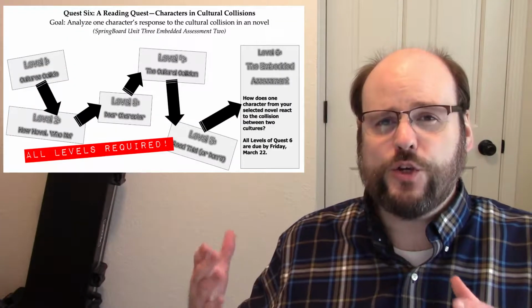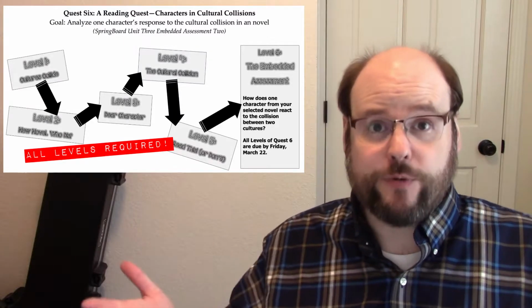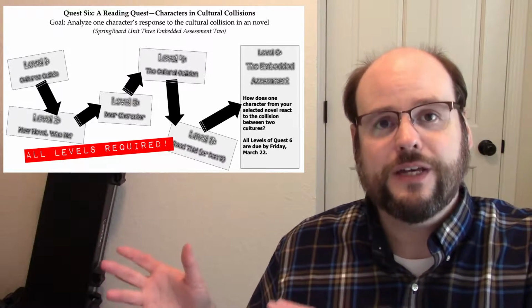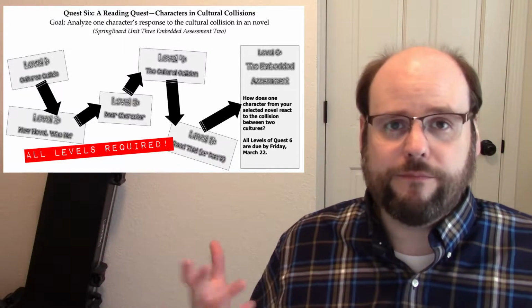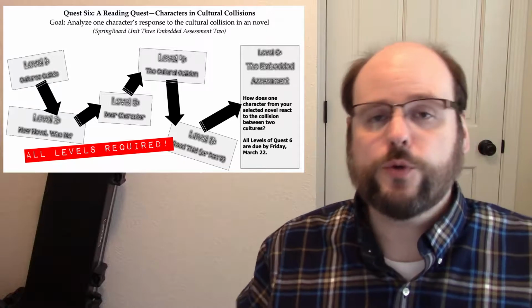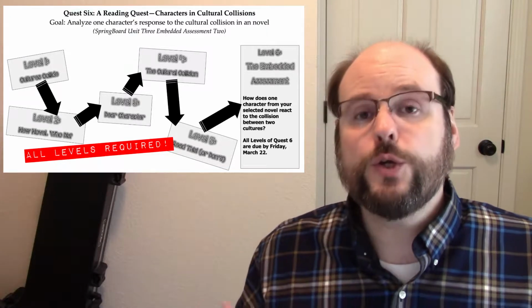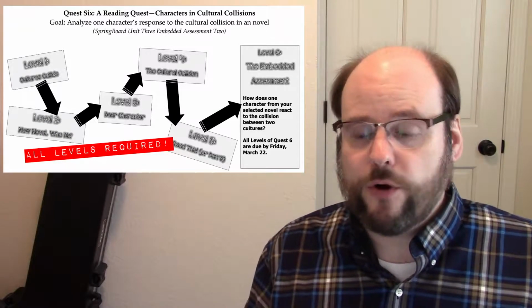Now, how do you get from here at the introduction to the essay about a cultural collision and a character in level 6? First thing you're going to do in level 1 is learn about the single largest collision of cultures over the last 500 years, and that's European colonialism. The book Things Fall Apart, which is what Springboard wants you to read, is set in what is now Nigeria about 150 years ago, just as the British were coming in with their colonialism in that part of Africa.